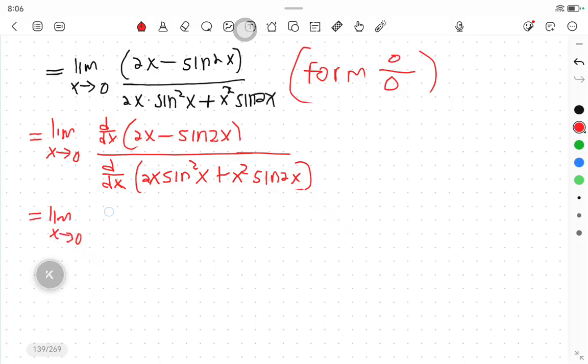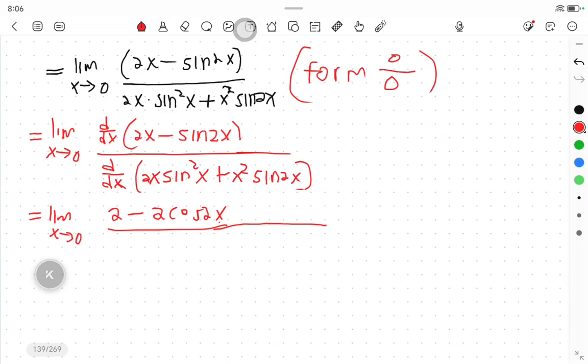Then when I derive this, on the numerator I'm going to have 2 minus 2 cos of 2x, all over. When I derive the denominator, this is product rule, right? So I keep 2x first. Then I derive this sine squared x, I'm going to get times 2 sine x cos x, plus, now I keep the sine squared x.